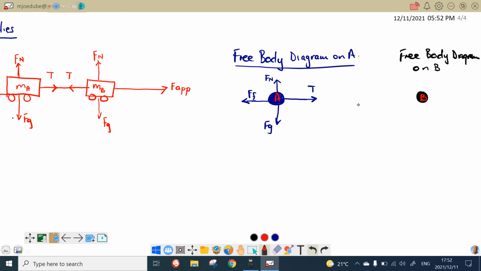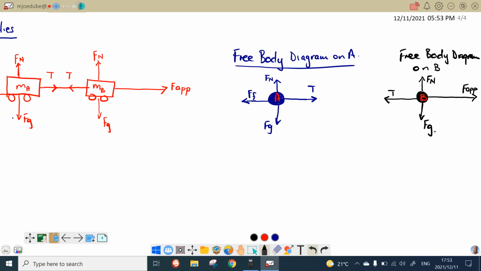So what are the forces that are acting there? You've got your applied force, and you also have, acting away from the applied force, the tension which acts in the opposite direction, and then you also have your Fn and your Fg.